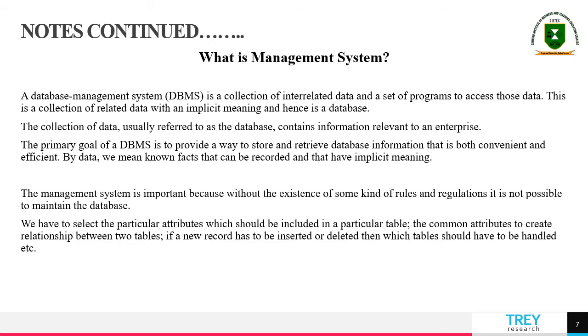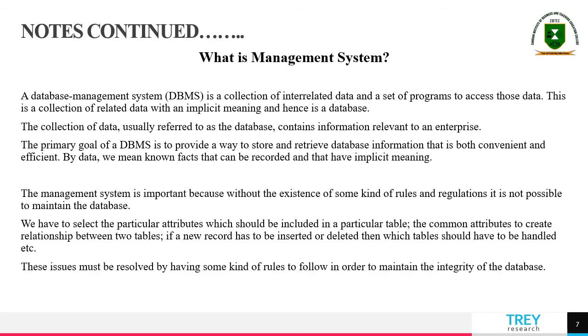If a new record has to be inserted or deleted, then which tables should be handled? Each table should be handled. So these issues must be resolved by having some kind of rules to follow in order to maintain the integrity of the database.